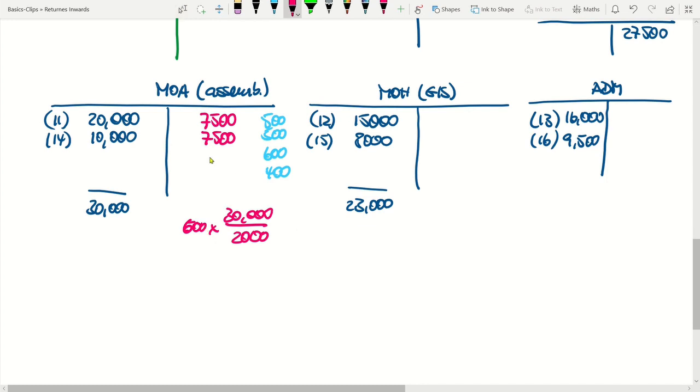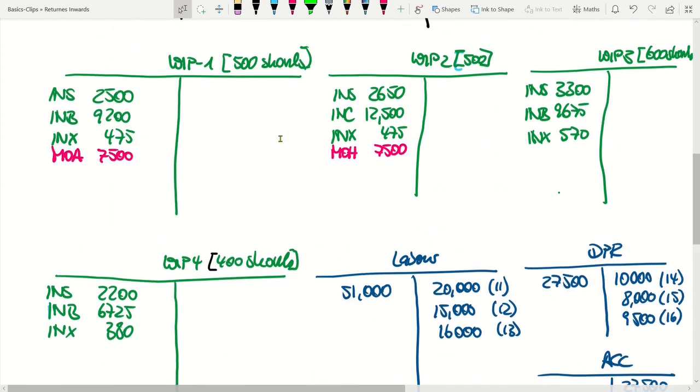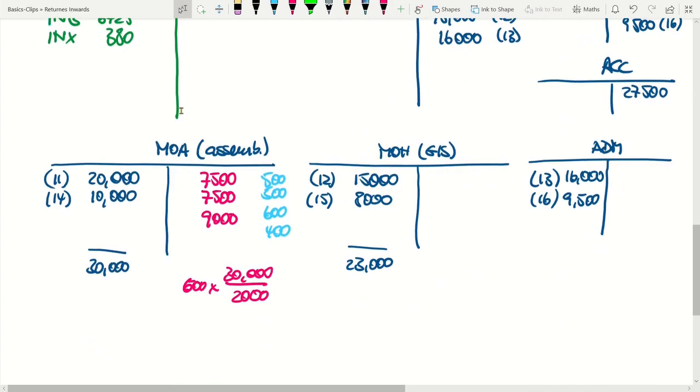It gives me 9,000 and a debit entry in the work in process 3 account. The last one is 400, and it is 6,000.